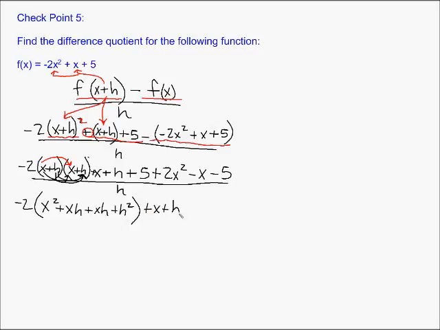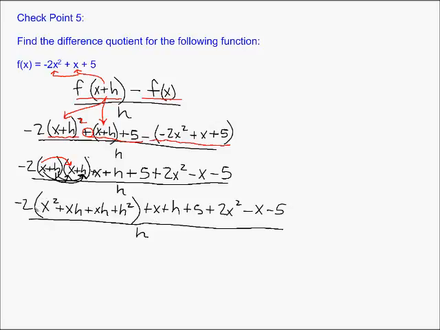Again, I'm being very careful to rewrite the rest of this expression without any errors. There we go. All over h. Again, it's the algebra that is really the sticky point here, and if you can keep to BEDMAS, to following the order of operations, you'll do okay.